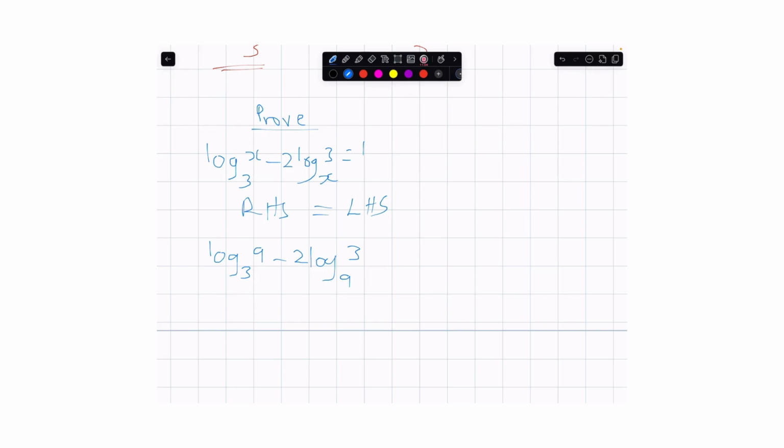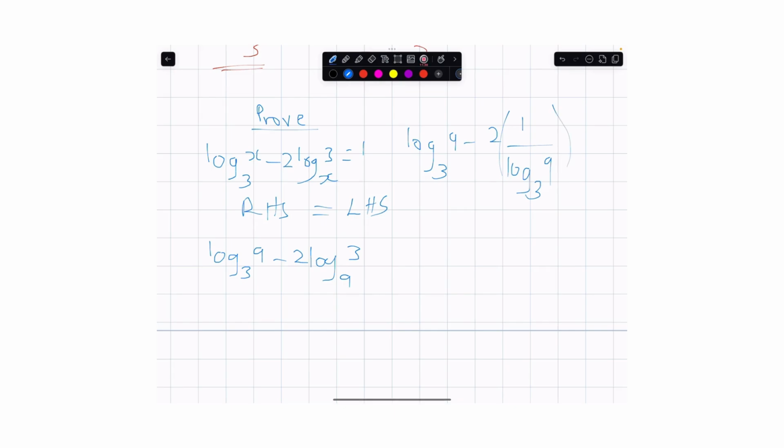So what we need to do here first is get the common base. This is our first step. So you now say log of 9 base 3 minus 2 over log of 9 base 3.